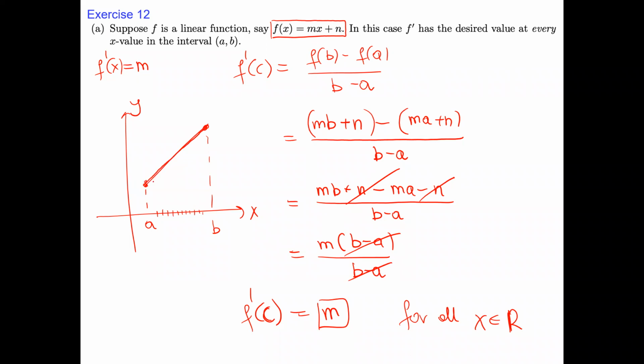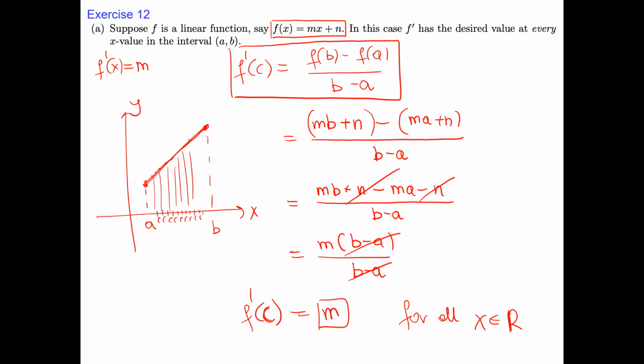If I draw a tangent line, the tangent line to a line is the same line, so it's any number. That means any c in (a, b) satisfies this.